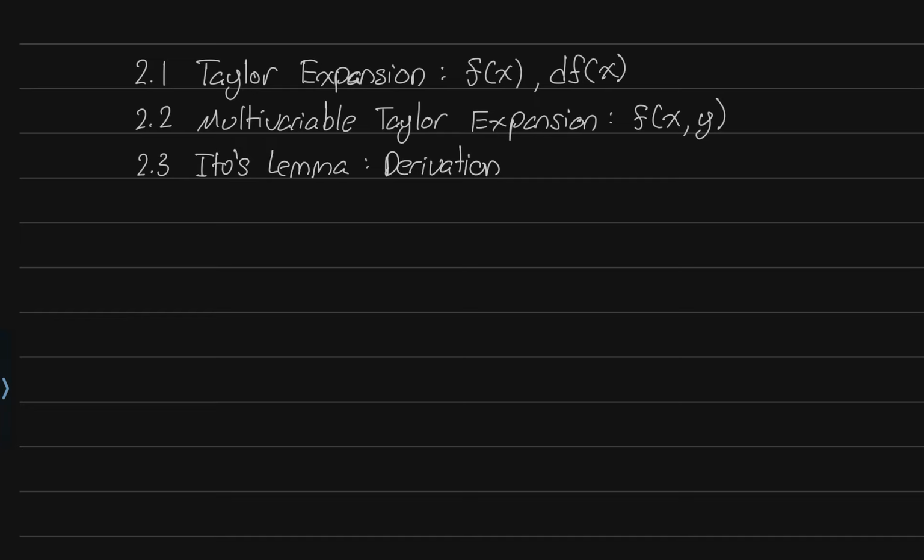And I will specifically be doing this derivation for geometric Brownian motion. Now, Ito's lemma can be used again and again to analyze many different continuous time stochastic processes, but for the purposes of this video, I'm just going to be focusing on geometric Brownian motion.